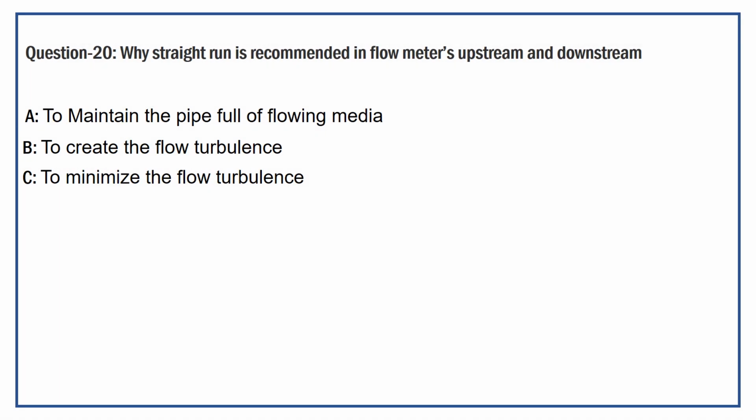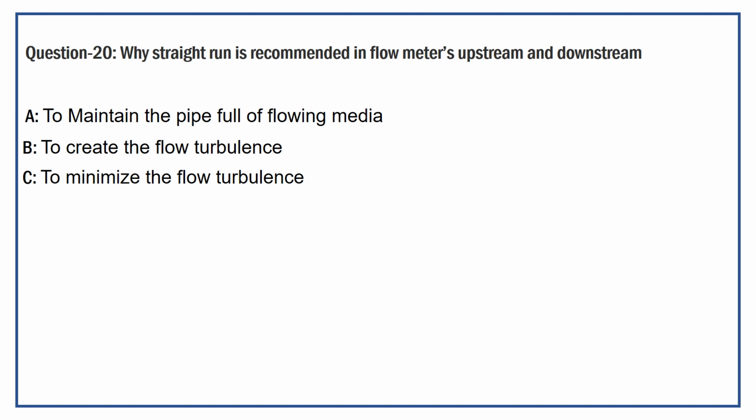Next question is, why straight run is recommended in flow meters upstream and downstream? Let's see the options. Option A, to maintain the pipe full of flowing media. Option B, to create the flow turbulence.